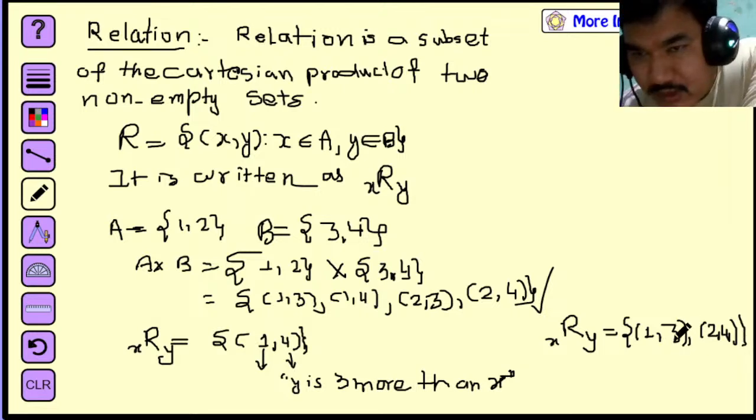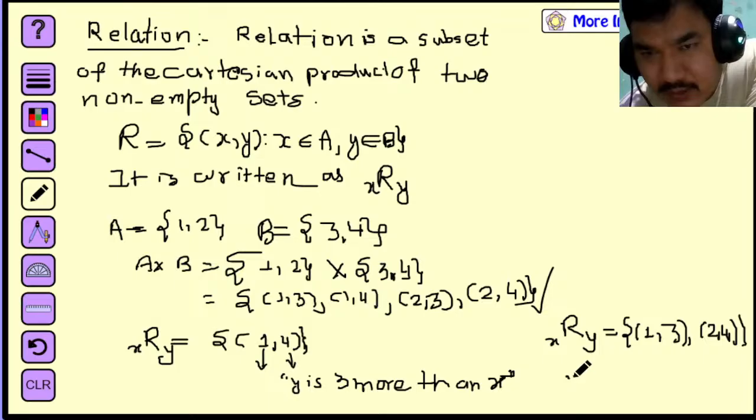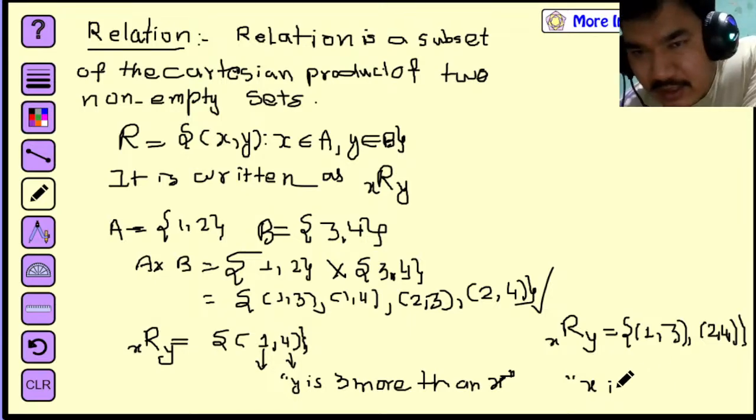Why? What is the rule here? We can say x is 2 less than y. What is the relation between the x component and the y component? X is 2 less than y, or y is 2 more than x. I have selected those.